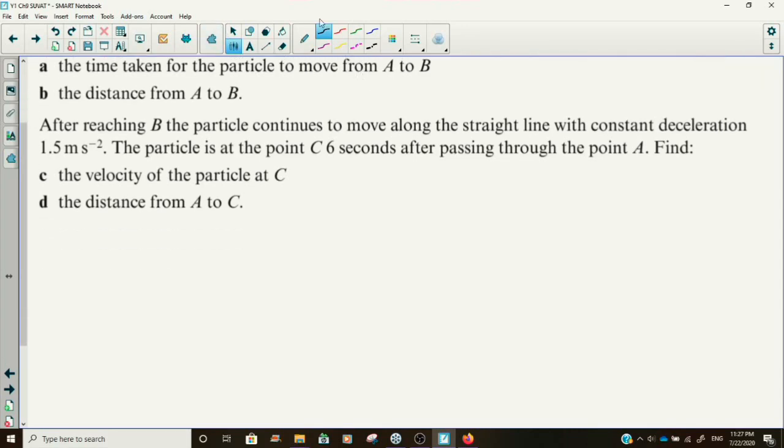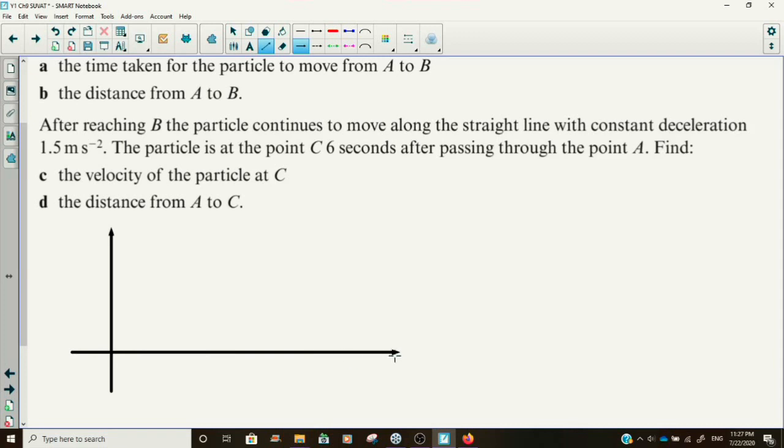Okay, let's see if we can draw some axes here. I'm going to make that quite long. Right, and we're going to label our axes: velocity and time.